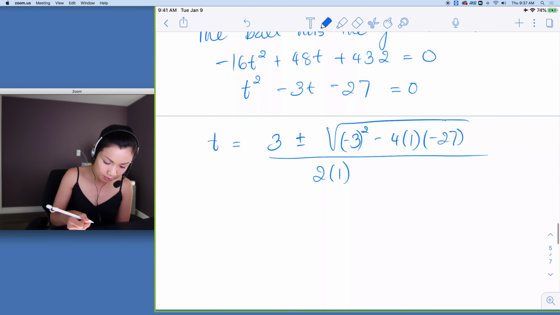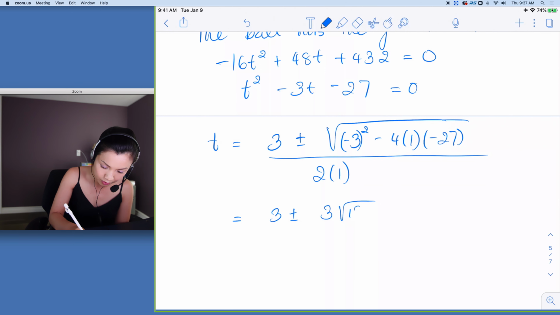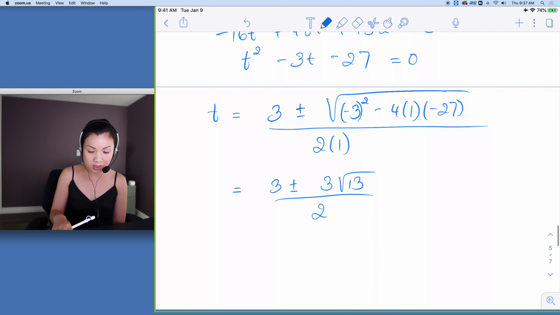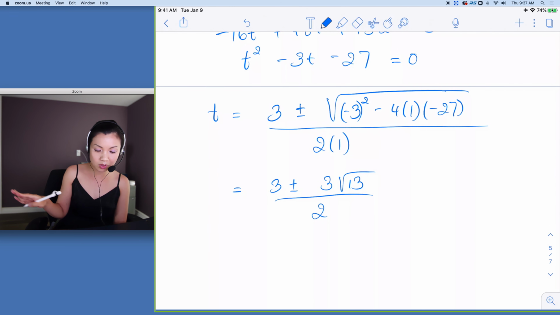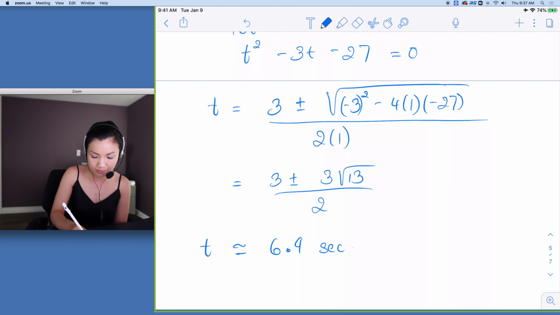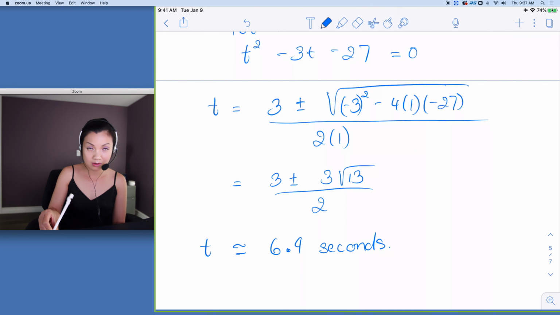If I simplify it, I'm going to end up with 3 plus or minus 3 square root of 13 over 2. Don't forget we have to eliminate the negative number, so t cannot be negative. So I used a calculator and I ended up with 6.9 seconds. That's how long it takes for the ball to hit the ground.